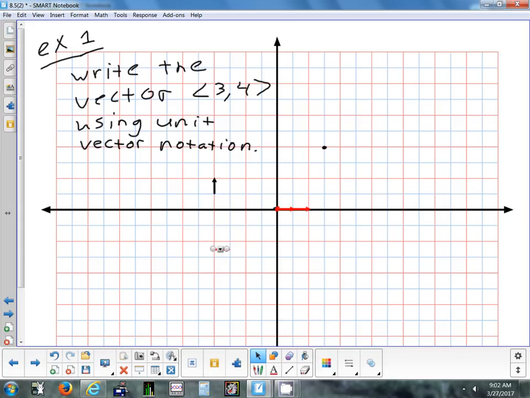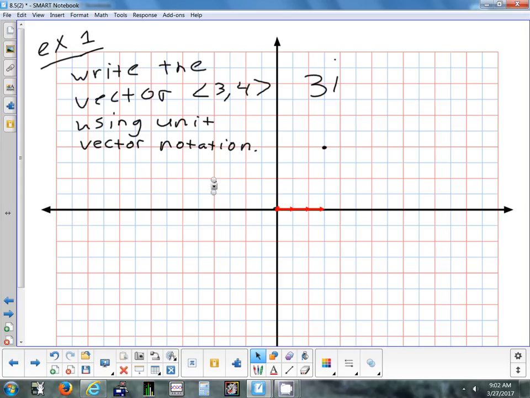And how would we represent that numerically? That's 3i. And then I would have to put what onto the end of it to get me to my terminal point? I would need 4 j's.